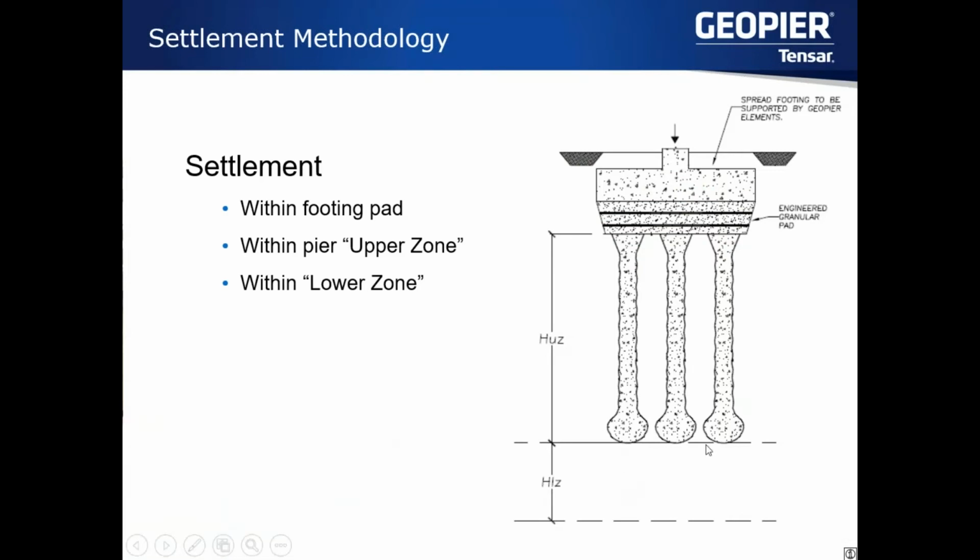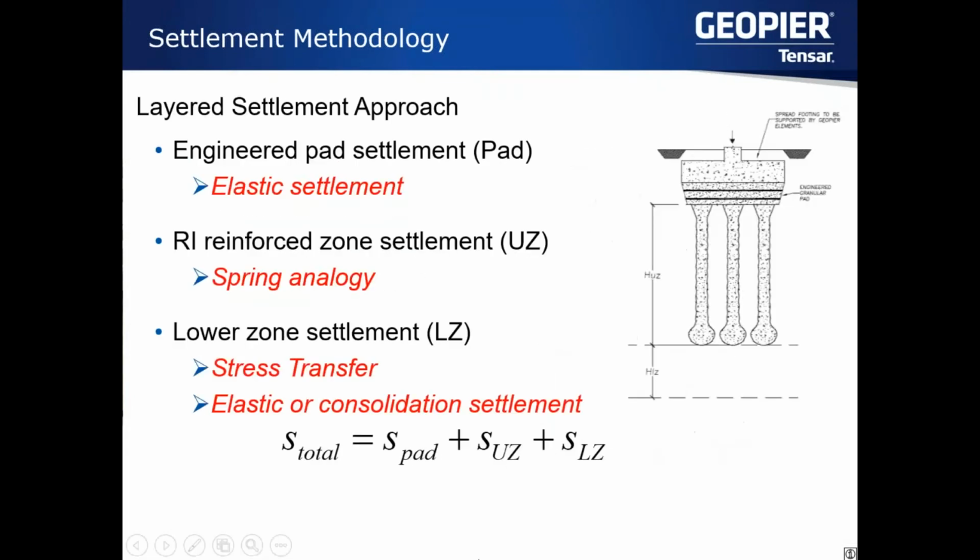And the rest is a similar concept. We have the upper zone of the piers, and then the lower zone, which is unimproved. So we'll look at that 3 different ways. We'll consider elastic settlement within the engineered gravel pad layer, and then, similar to aggregate piers, we'll consider a spring analogy to determine the reinforced zone settlement, the upper zone settlement.